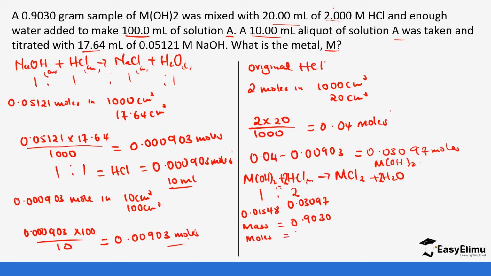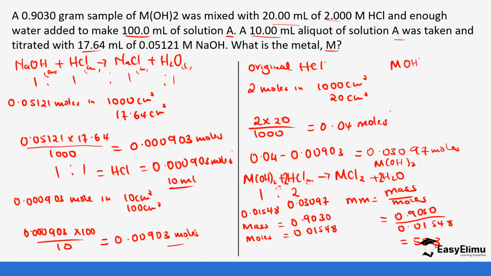So molecular mass will be mass over moles, which is 0.9030 divided by 0.01548, which gives us a molecular mass of 58.3. So the M hydroxide totals to 58.